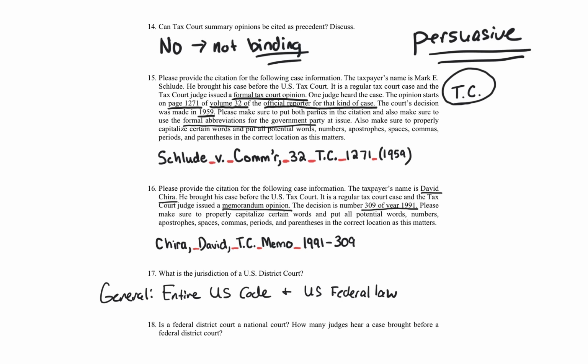So the idea is that they're much more general than just tax, like we have in the Tax Court. So that's what the question's getting at, is that you can have any issue in the entire U.S. Code, U.S. federal law. There are other issues that U.S. District Courts will hear as well, but that's almost all of it. The idea is that it's way more general than tax.